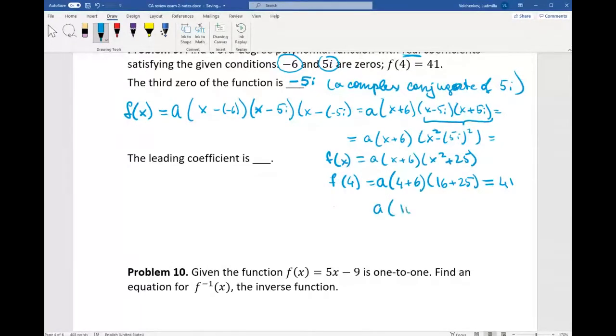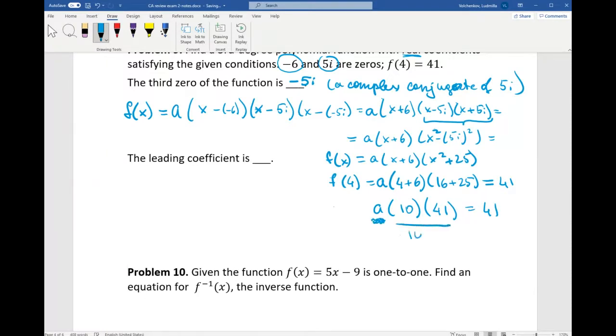So a times 10 times 16 plus 25, 41 equals 41. A times 400, okay, we don't need it. We are solving for a. Yes, we want to isolate a on the left.